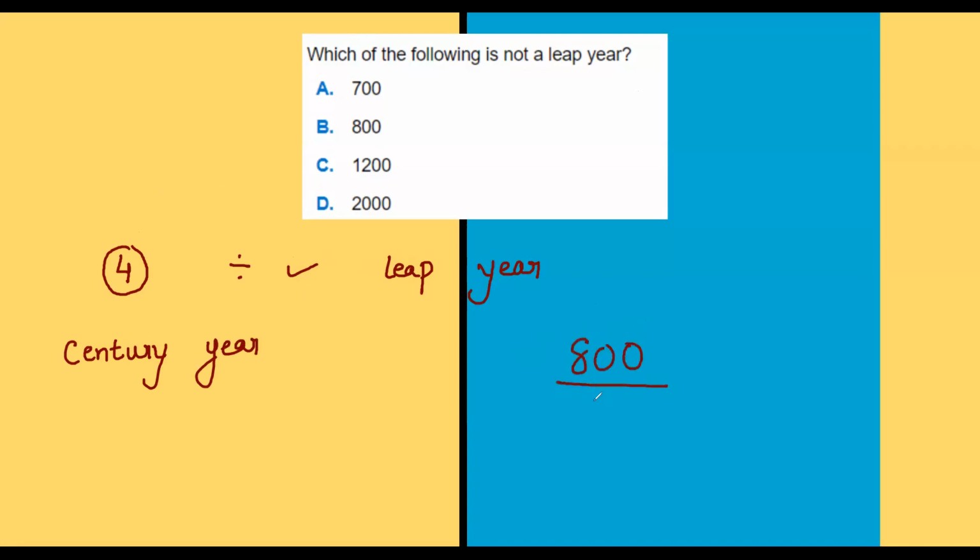Every century year will be divisible by 4, so you cannot think that it will be a leap year. Whenever we have a century year, you have to divide by 400. Here, this one is divisible by 400, this one is divisible by 400, and this one is divisible by 400. Only this is not. So this is not a leap year.